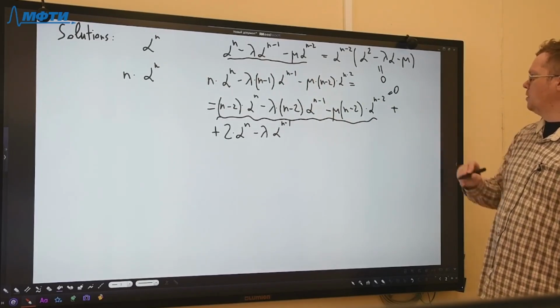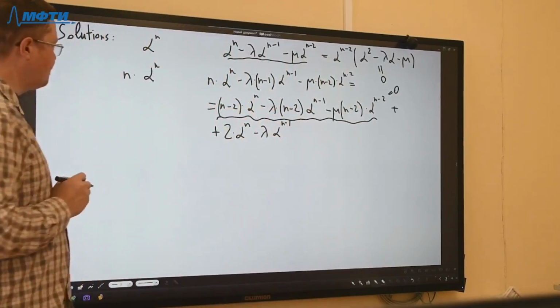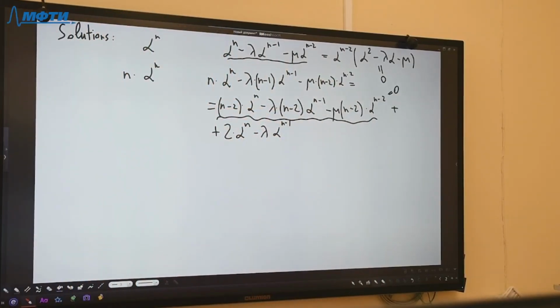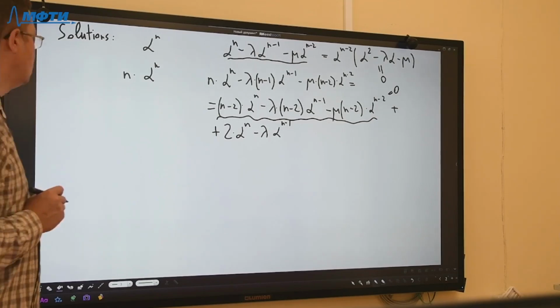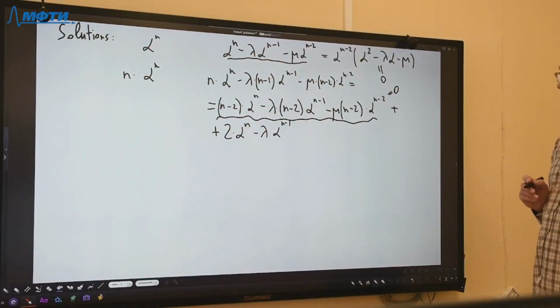We already proved it. So all we need to check is that this remaining part is also equal to 0.